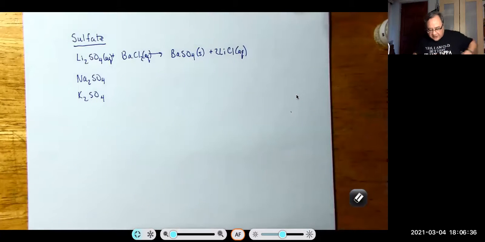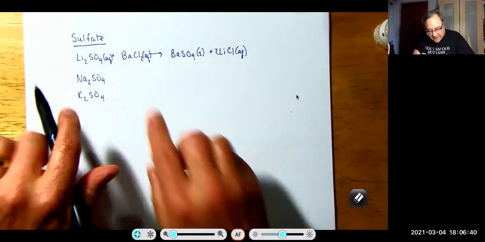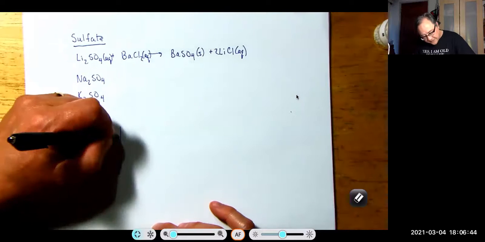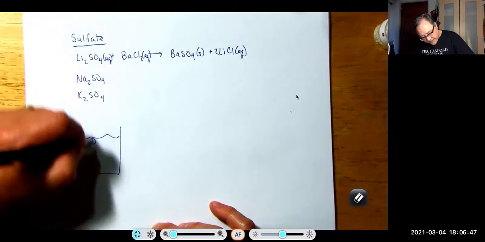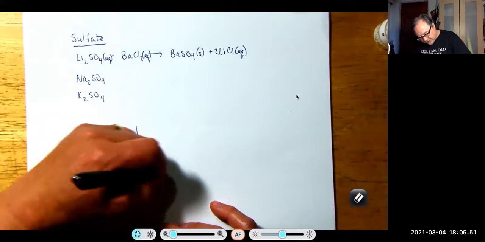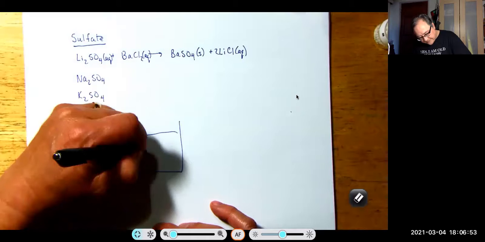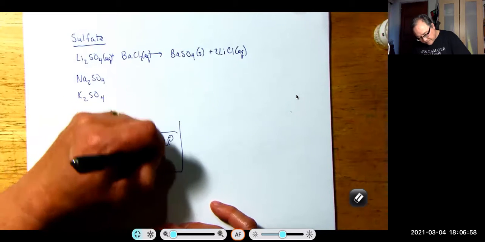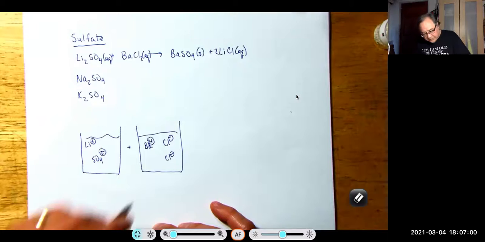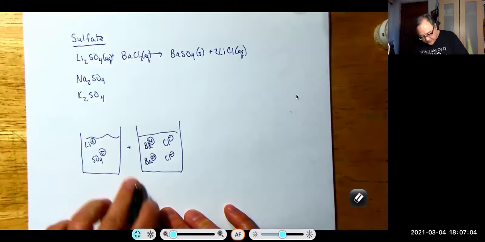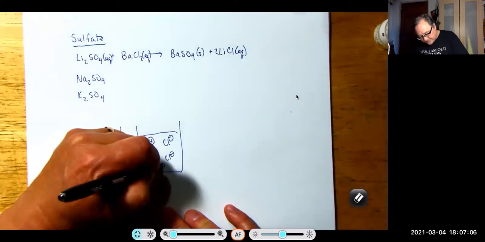So if you can imagine here, what you do with your compound here is if you had lithium ions in there and sulfate ions in there, and you mixed it with a solution that has barium chloride in it, and you want to use excess barium chloride. So I'm going to put 2 bariums here, not 1, but 2, and 4 chlorides.